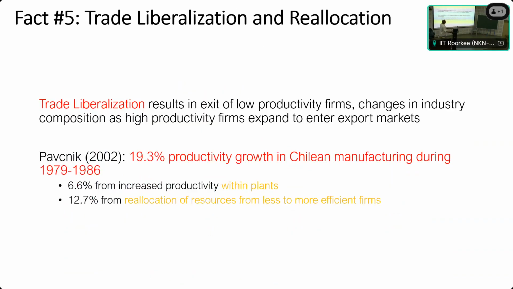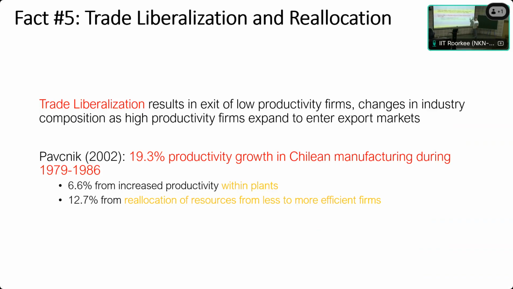Trade liberalization and reallocation. So trade liberalization, what we were discussing before a bit, results in exit of low productive firms. And it's not only trade liberalization, we have seen it with other industrial policy changes as well, unless the policy is targeted towards upliftment of small firms. If a standard policy is taken, then you always see exit of low productive firms.